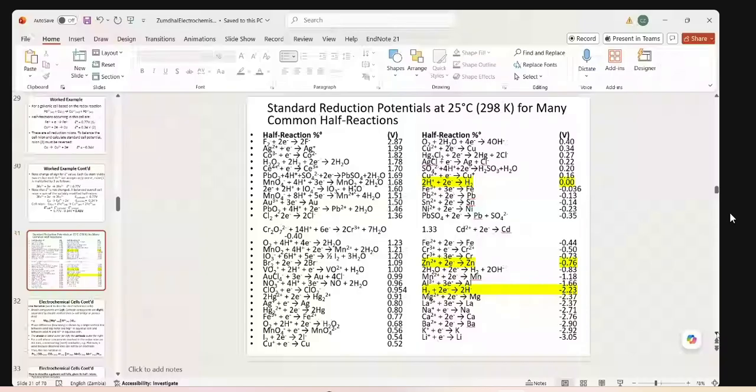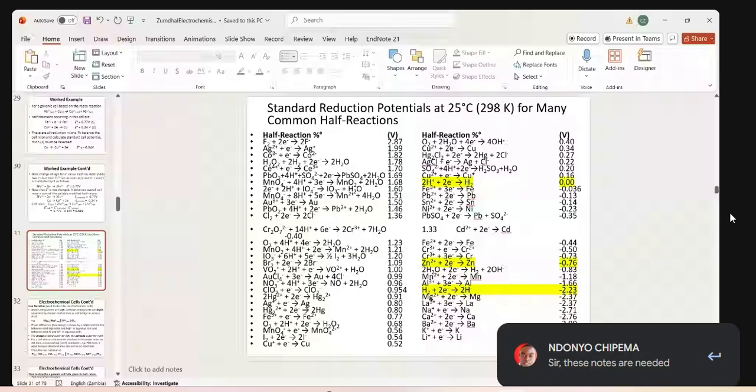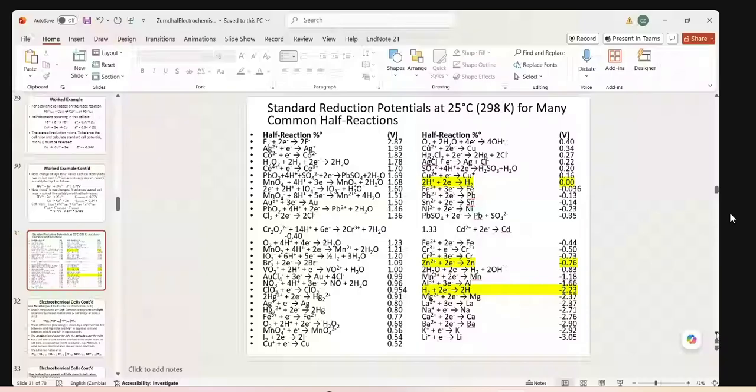Sure, go ahead. Why are some values positive, others negative? Okay, I will explain that. So let's pick. You can pick two elements that we can use for constructing a galvanic cell.